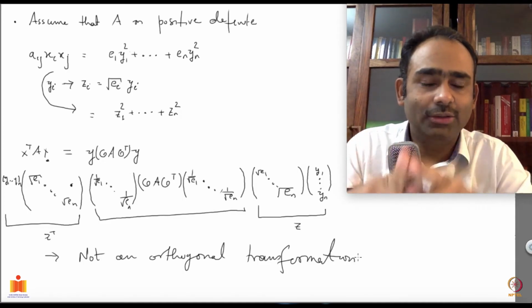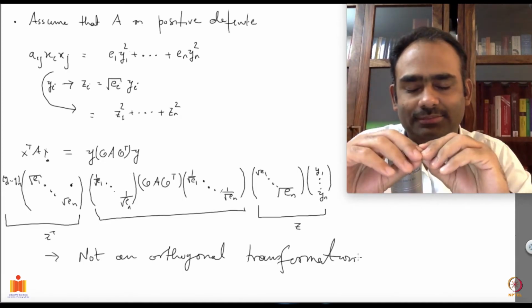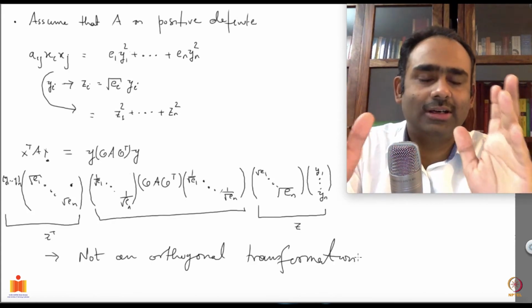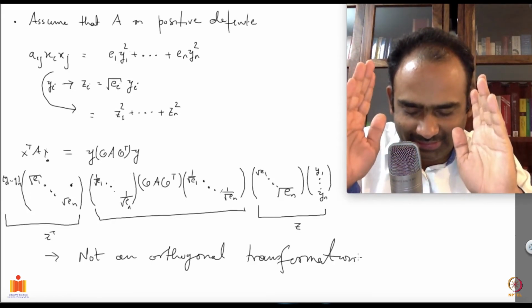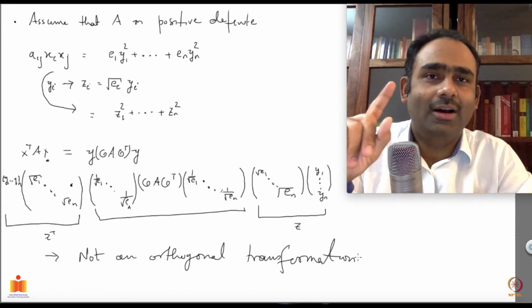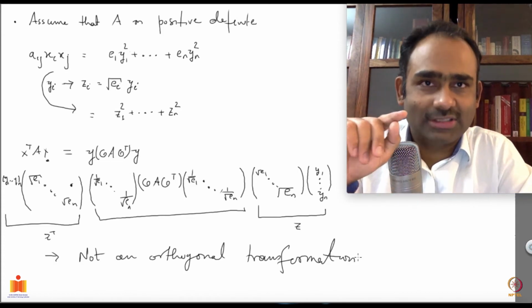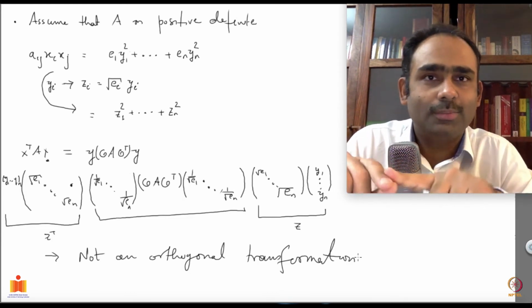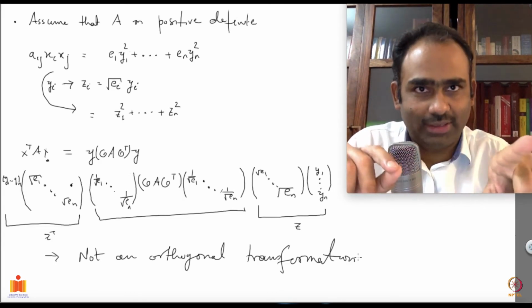In fact, let me be more precise. If you have two quadratic forms, one of them is positive definite, and that is given to you, then you will be able to put both of them as sum of squares.